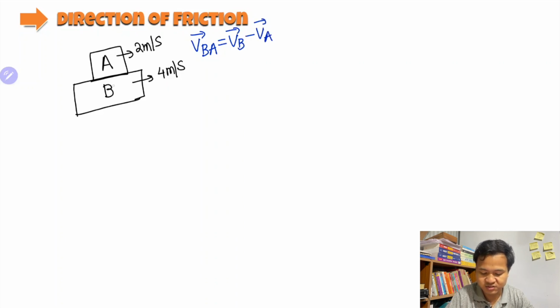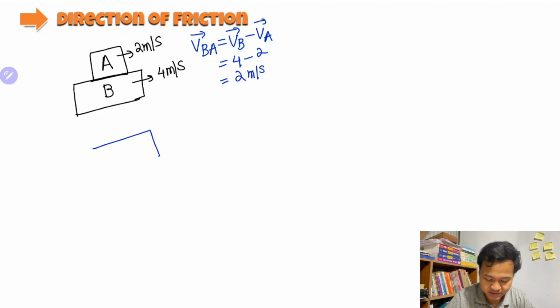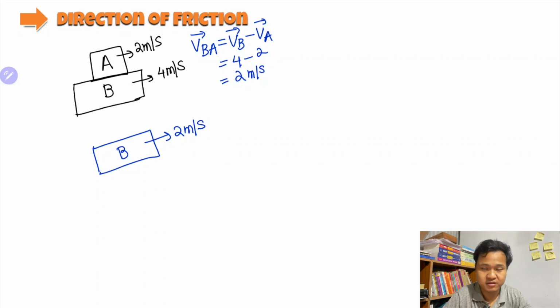That is 4 minus 2, so 2 meters per second. So B is moving 2 meters per second with respect to A, towards the right.